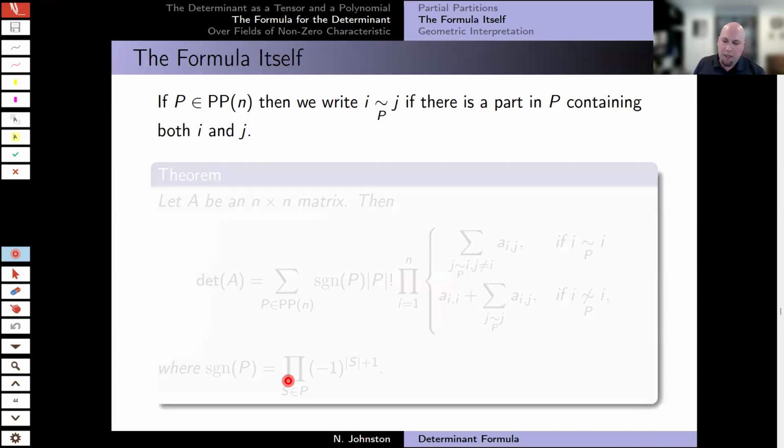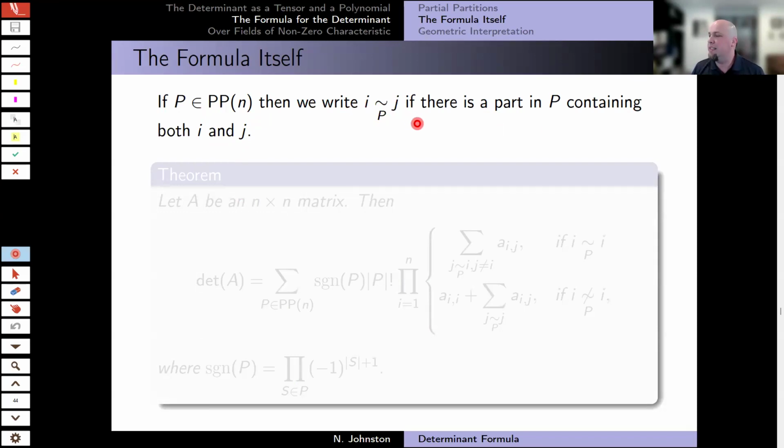Partitions themselves give you equivalence relations. If you partition the set of integers from 1 up to n, then you can say that 2 integers are equivalent under this equivalence relation if and only if they're in the same part. What we're going to do with partial partitions is the same thing. We're going to think of 2 integers as being equivalent if they're in the same part.